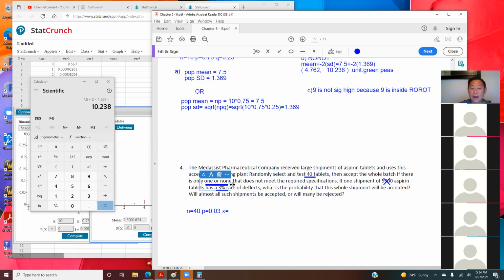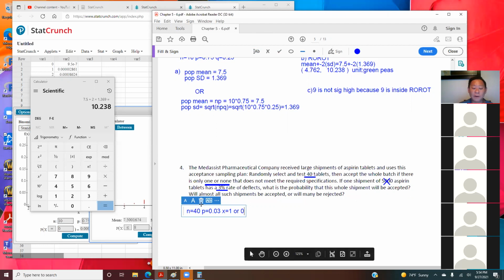One or none. So in this case, X will be what? What number is that? 1 or 0. Yes. So you have to figure out the probability of getting one and the probability of getting 0.